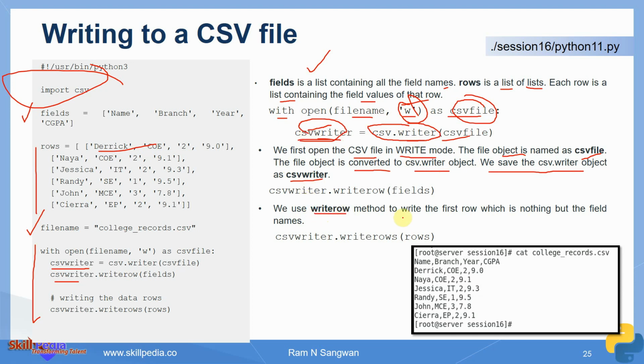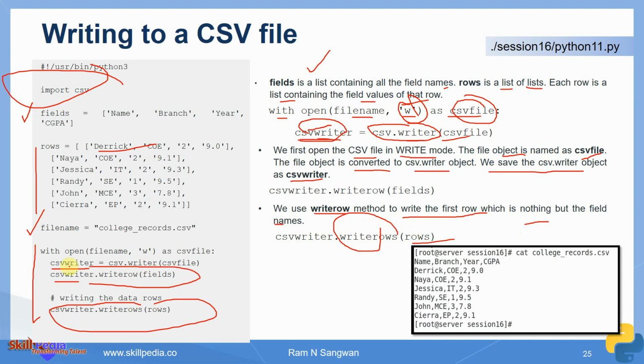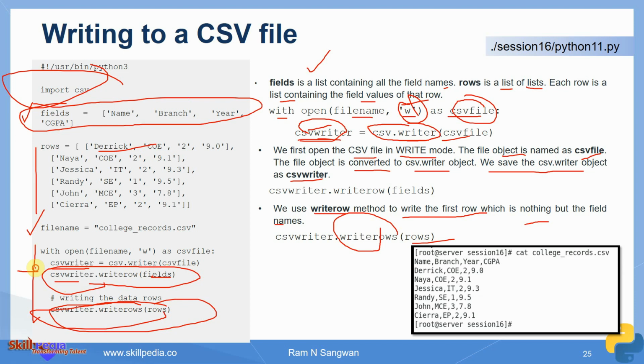We use the writerow method to write the first row, which is nothing but the field names only, and then we write the data with writerows. So first this statement will write the fields in the CSV file and this will write the records in the CSV file.